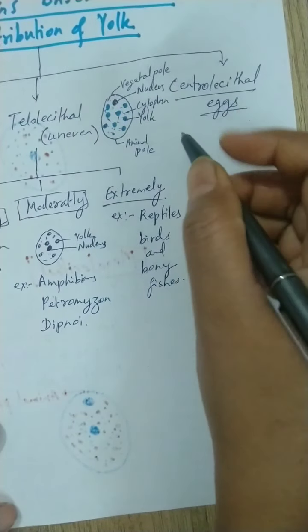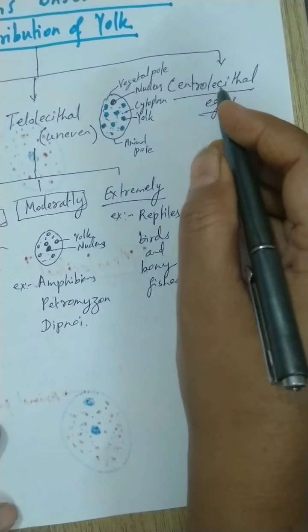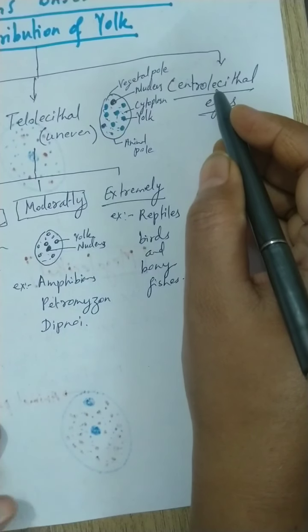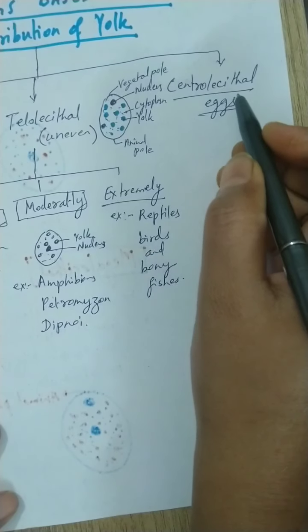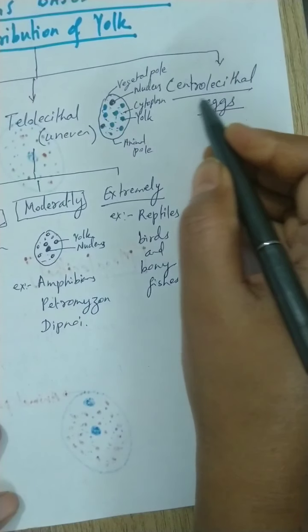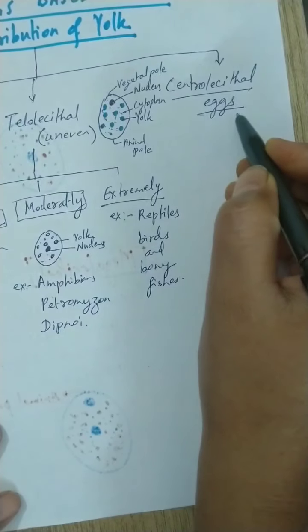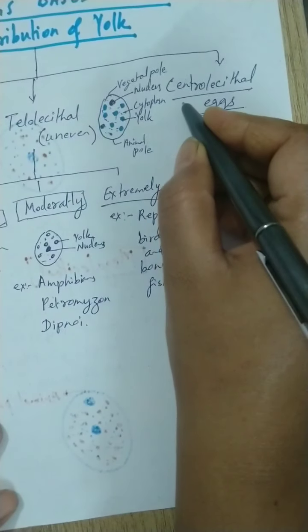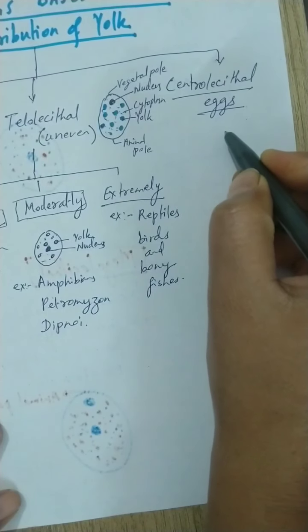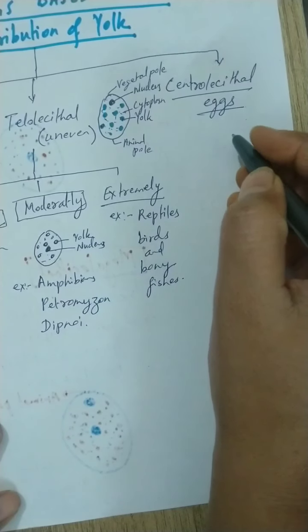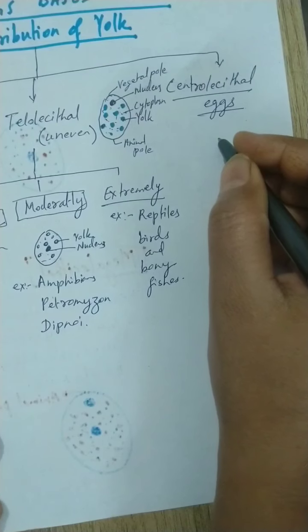Now the third type of egg, classified on the basis of distribution of yolk, is centrolecithal eggs. Centro means central. The yolk is concentrated in the center of the egg.